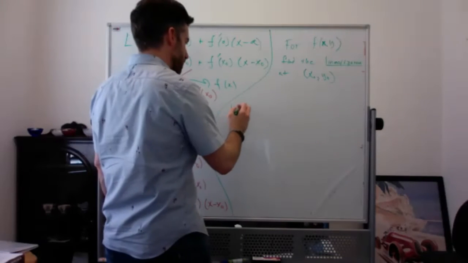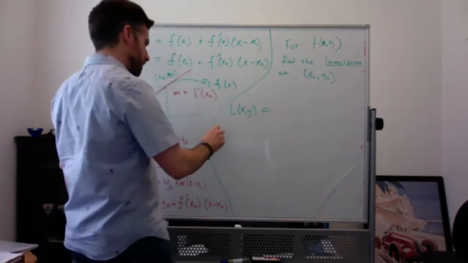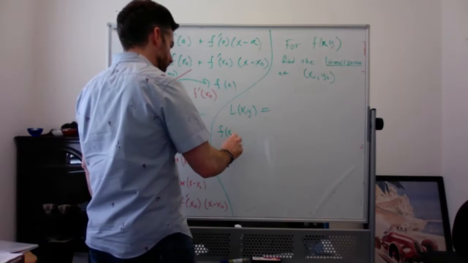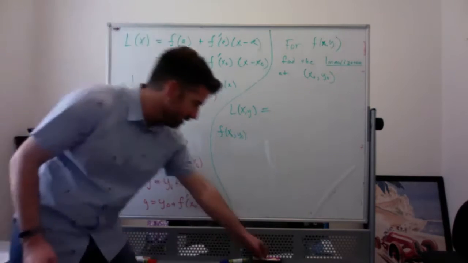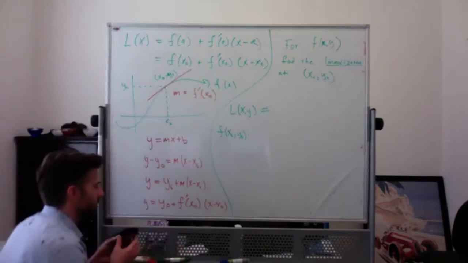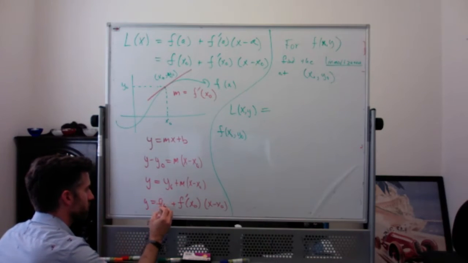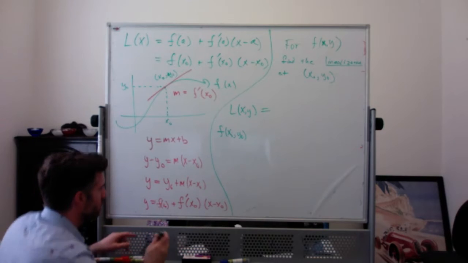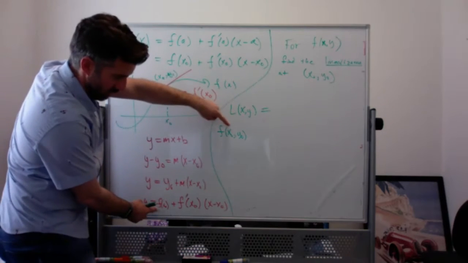It's going to be L of x, y equal to f of x naught, y naught. Just like we have f of x naught here, we have f of x naught, y naught there.